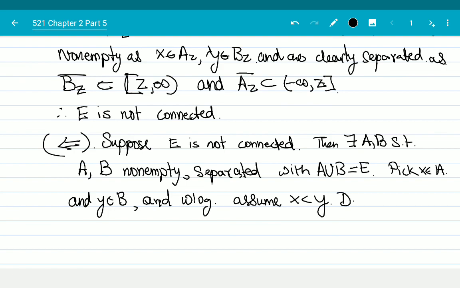Then define Z as the supremum of A intersection X comma Y. Okay.